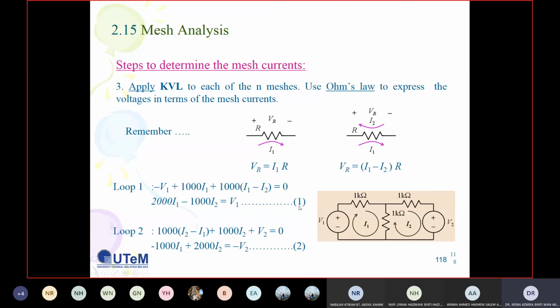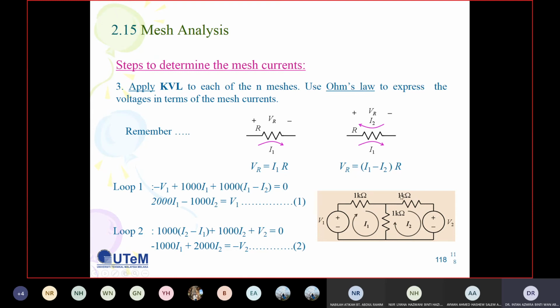I3 in this equation. Okay, so let's go to loop 2. Same as previous step, you can directly write this final equation by just counting the resistance in the loop. In loop 2, how many resistance in loop 2?